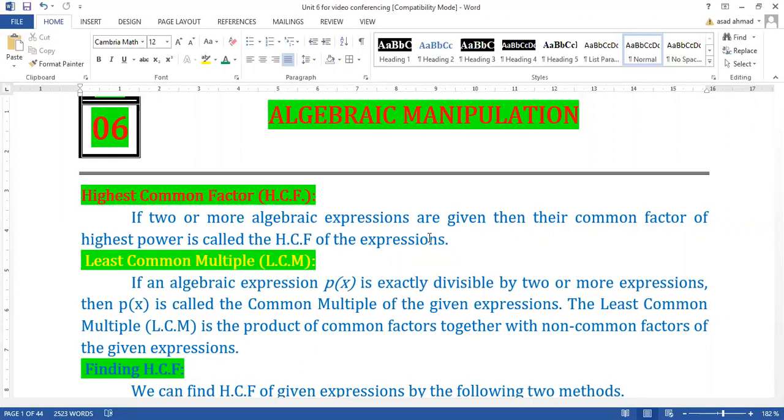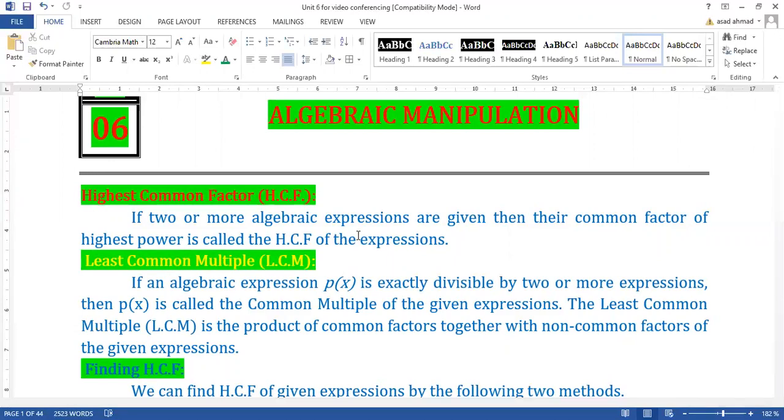When the question or the numerical is given, we first factorize the algebraic expression if we have to find the HCF by the process of factorization. Similarly, for LCM, we have to take out something common, or we need to factorize.